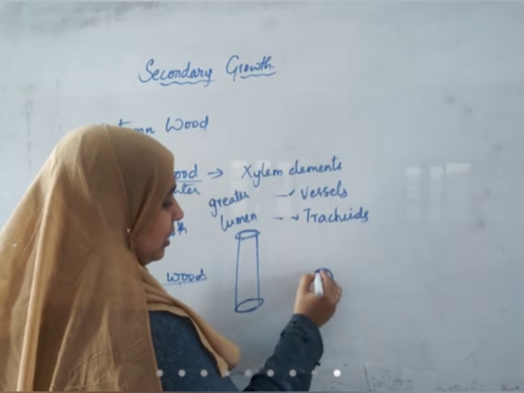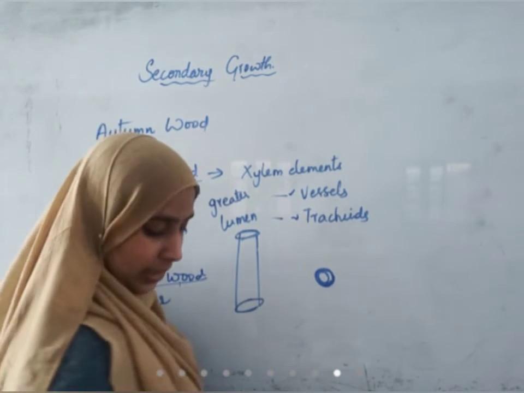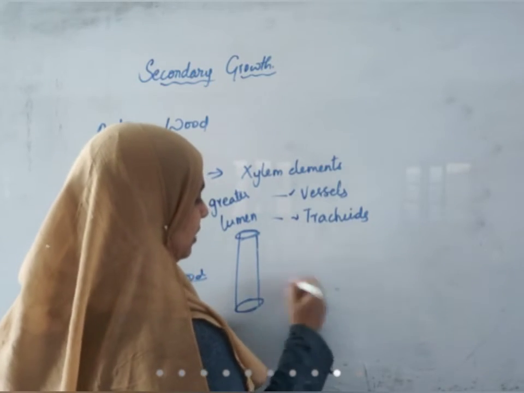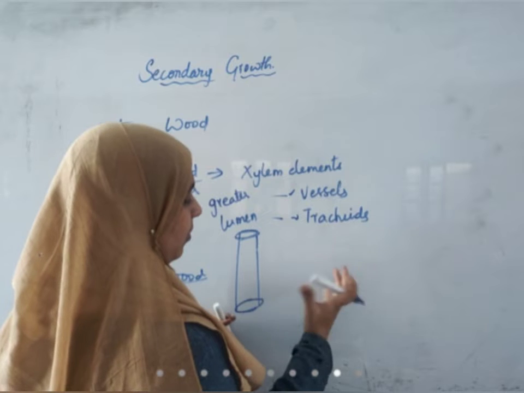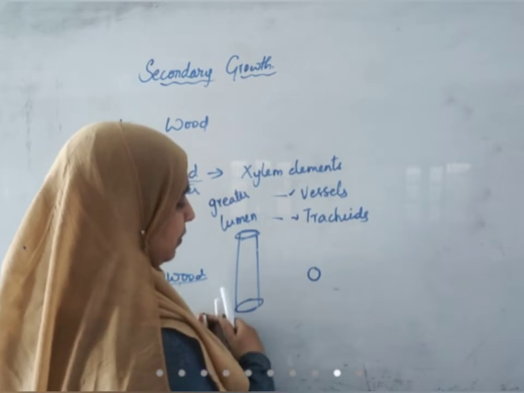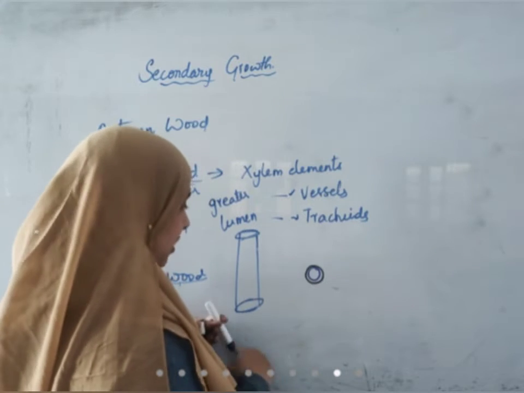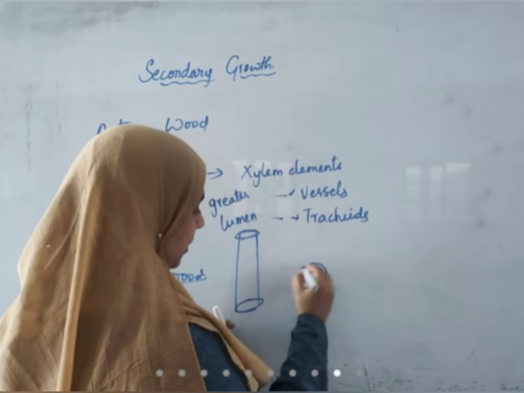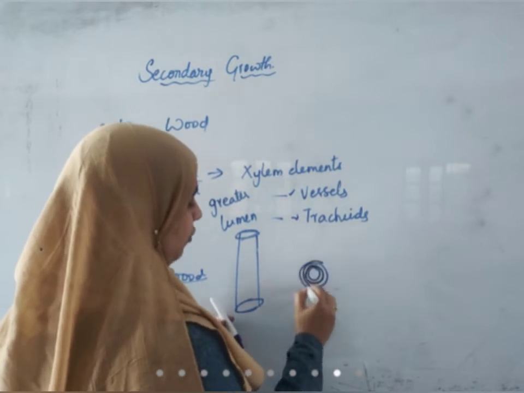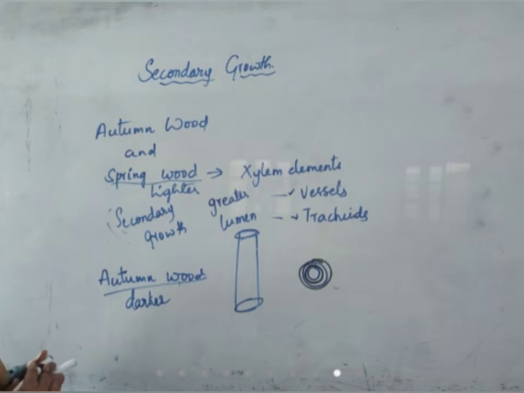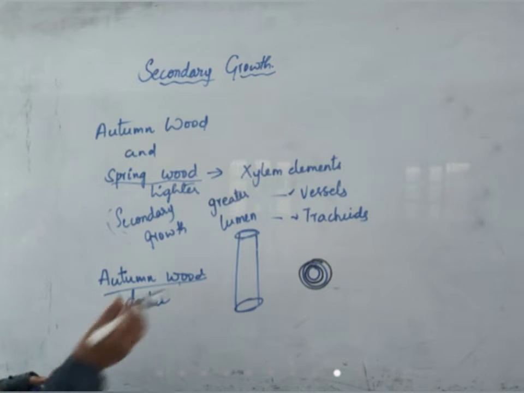The layer that is formed just below that will be darker in color. So one layer is light in color, that is spring wood. The next layer is darker in color, autumn wood, then spring wood, autumn wood. Because of this change in color, it looks like an alternation.